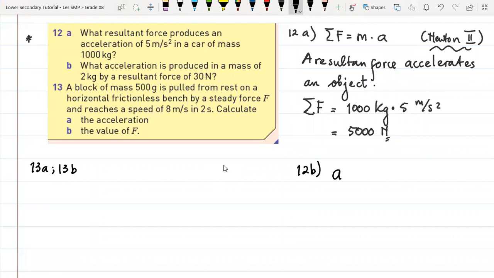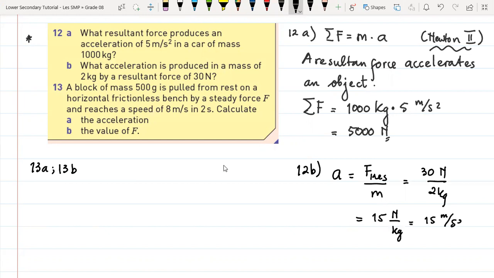Well, acceleration equals the sum of the forces, or the resultant force, divided by 2 kilograms, which is the mass. 30 Newton divided by 2 kilograms is 15 Newton per kilogram, or another unit for it is 15 meters per second squared.